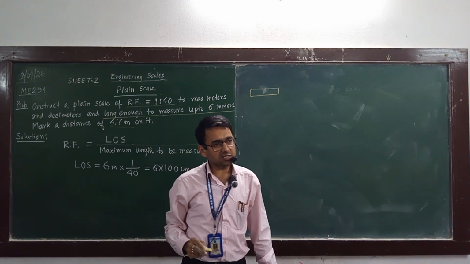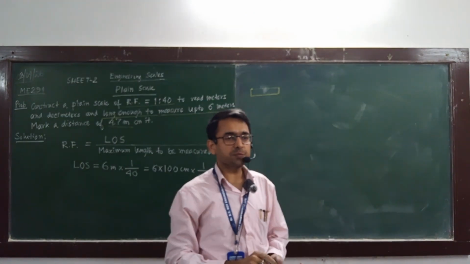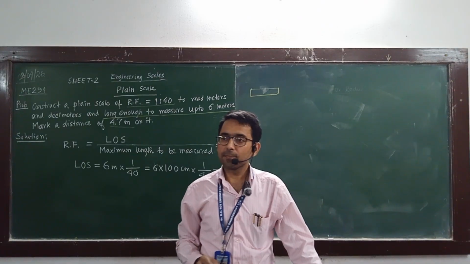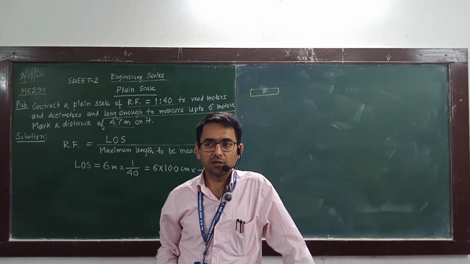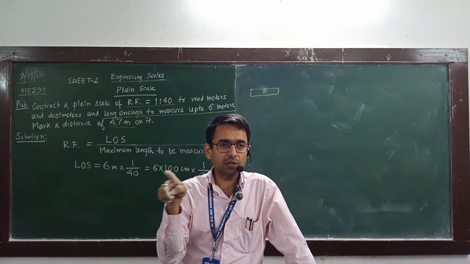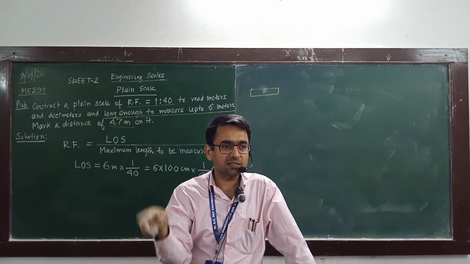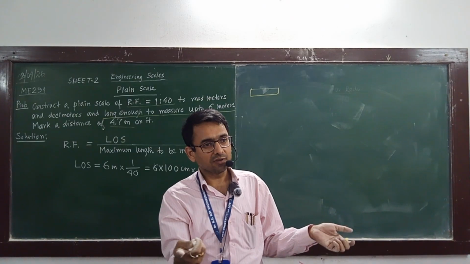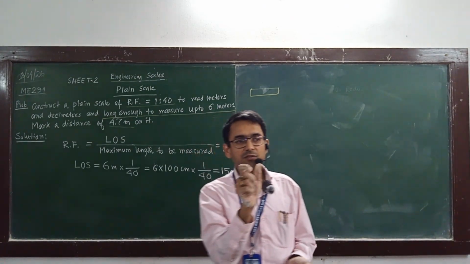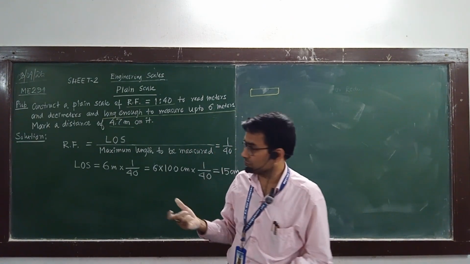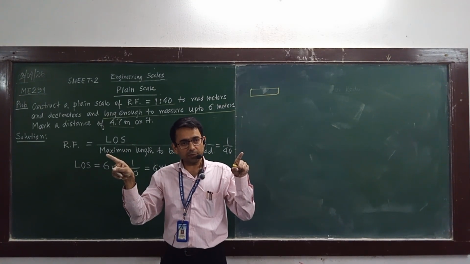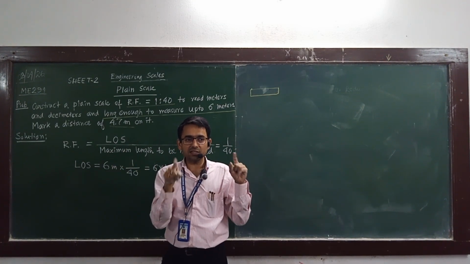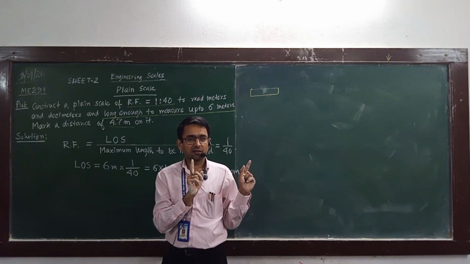So 4.7 meters means 4 meter and 7 decimeter. In the meter scale you will show 4, and in the decimeter scale there will be another scale, because you cannot show 0.7 meter directly. So you will show 4 meters on one scale, and 7 decimeter on another scale.